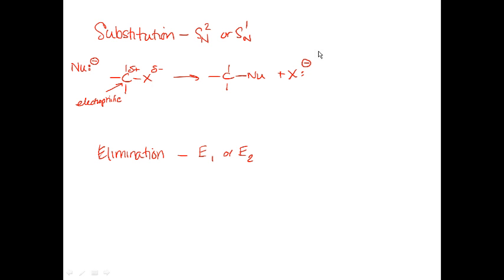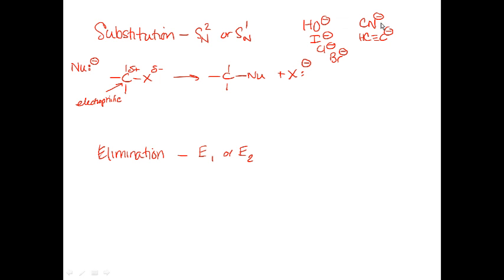What kinds of nucleophiles can I use? Well, my nucleophiles can be things like hydroxide. They could be another halogen, so we could use iodide or chloride or bromide. They can also be things like a cyanide ion, CN-. It could be a C triple bond C-. There are lots of negatively charged nucleophiles that we can use to do this substitution reaction. And so what I'm going to do is just simply replace the halogen with that nucleophile.